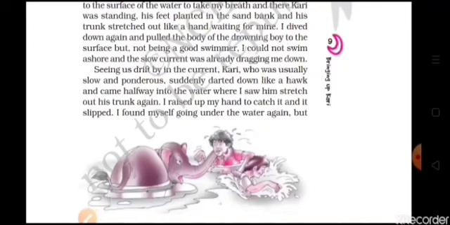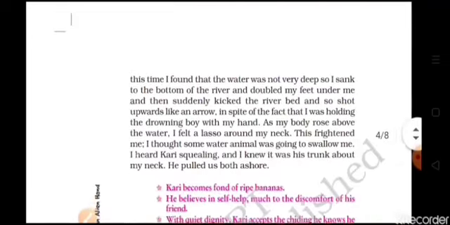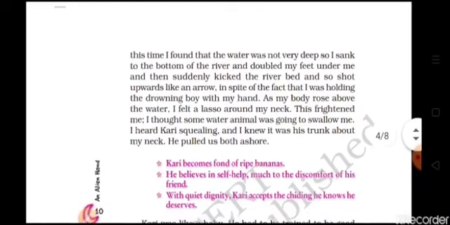I found myself going under the water again. But this time I found that the water was not very deep. So I sank to the bottom of the river and doubled my feet under me, and then suddenly kicked the river bed and shot upward like an arrow, in spite of the fact that I was holding the drowning boy with my hand.